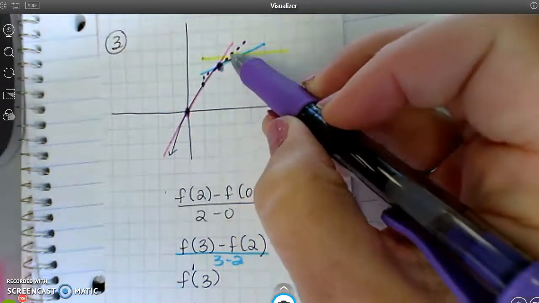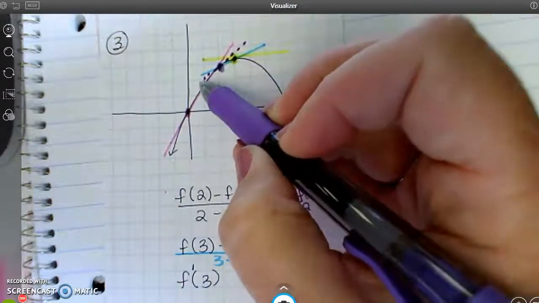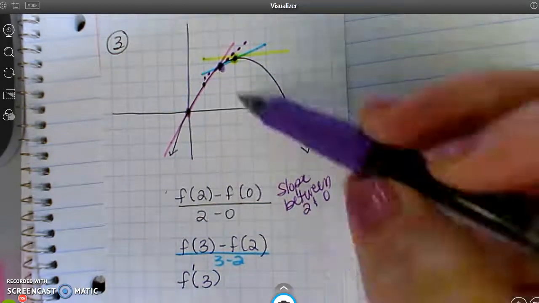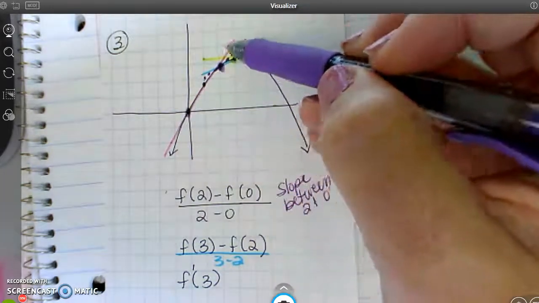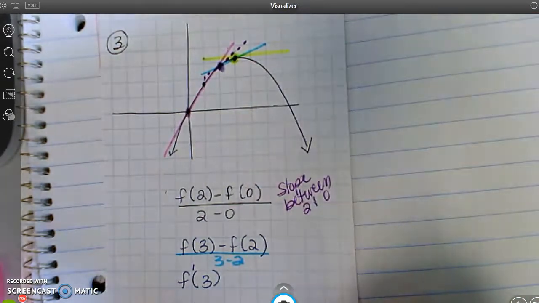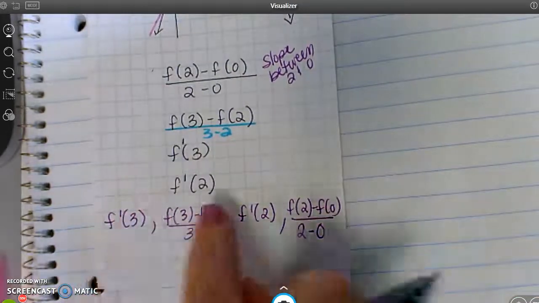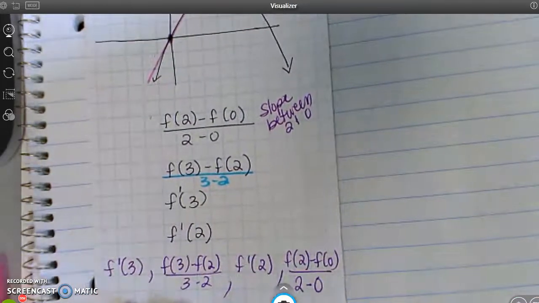And then it looks like this purple dotted one would be next. That's f prime of 2. And then it looks like the pink one is the greatest, and that would be f of 2 minus f of 0 over 2 minus 0. And there's what that would look like if I put those in order.